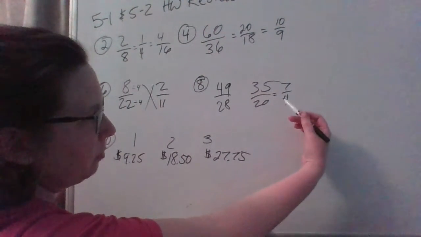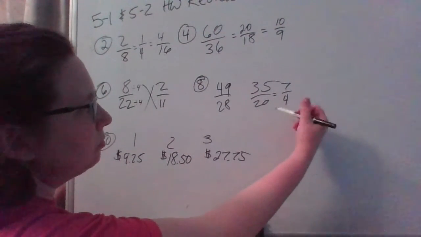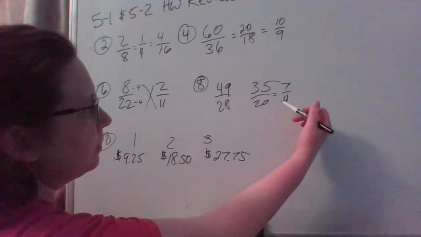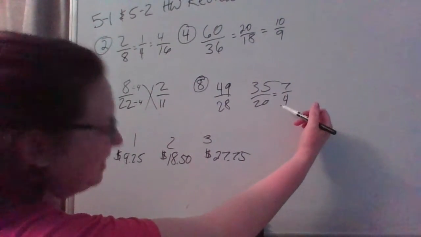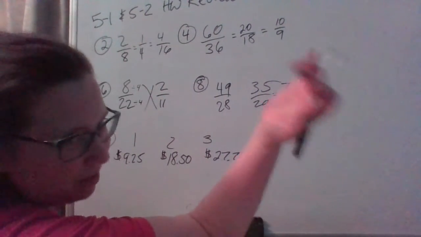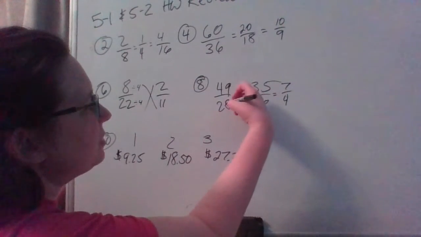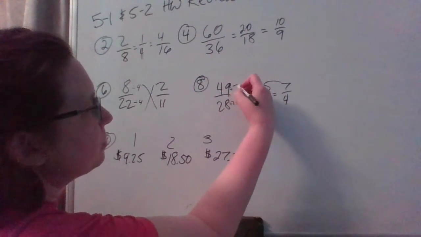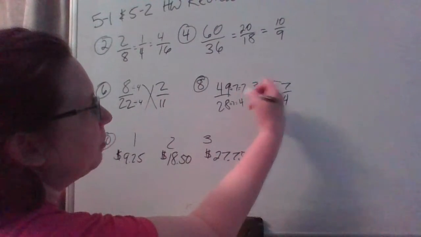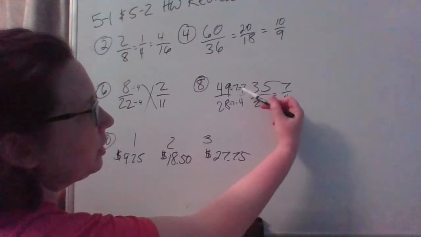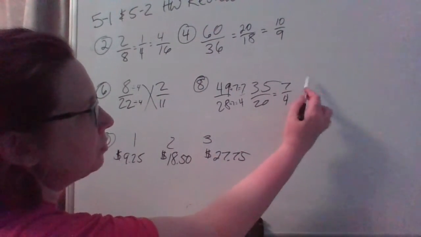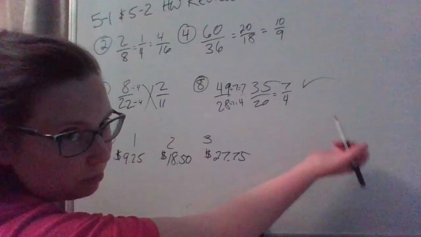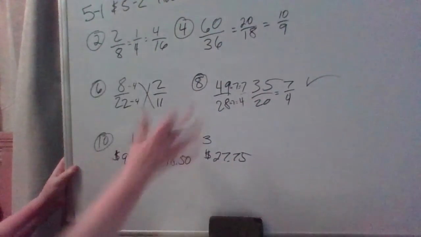Let's see. 7. I'm going to divide by 7. So if I divide this by 7, I'm going to get 4. If I divide this by 7, I'm going to get 7. Hey, check that out. 7 to 4, 7 to 4. So these are proportional. We're good to go there.